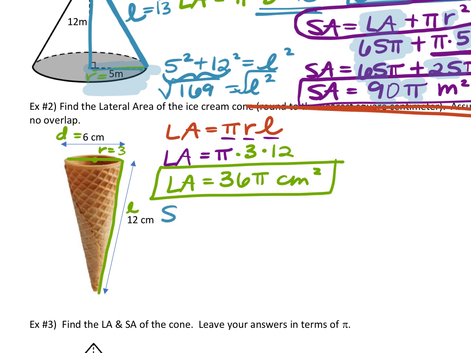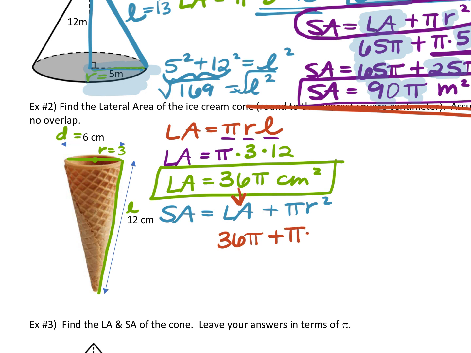If you want your surface area, you're going to do the lateral area plus pi r squared. And again, I will give you that formula. You just need to know to use it. What's LA? 36 pi. So you just drop that in. 36 pi plus, now this is pi times the radius squared.